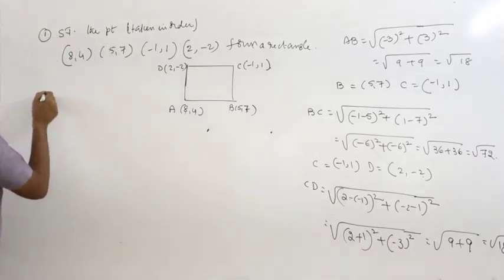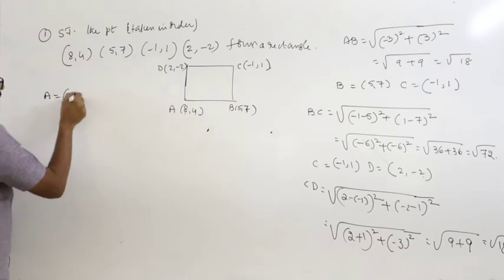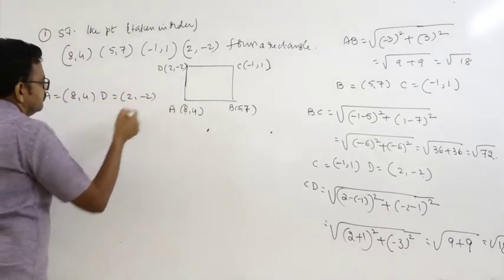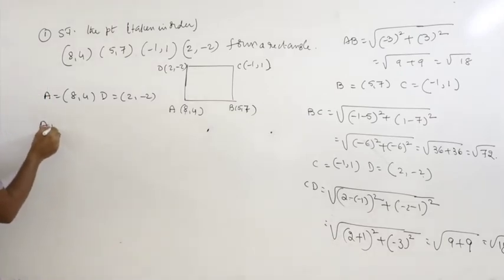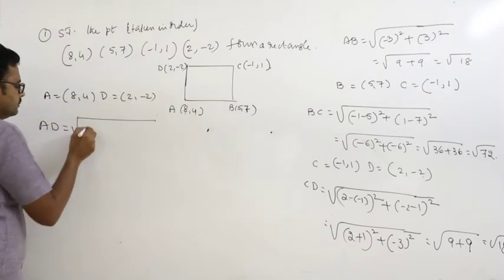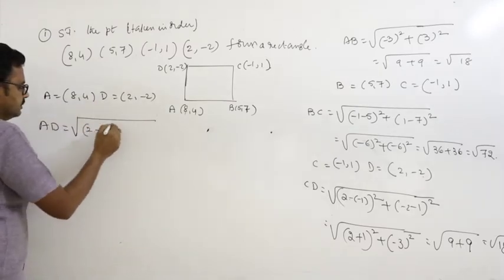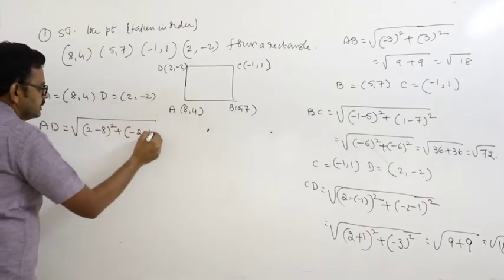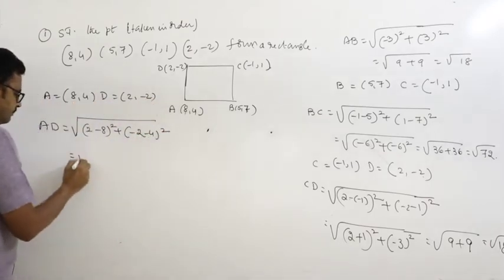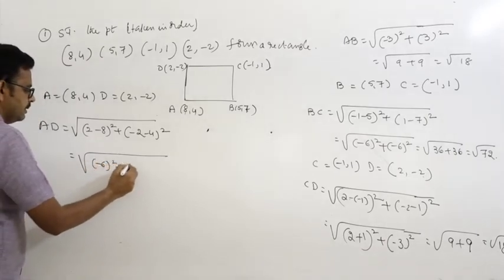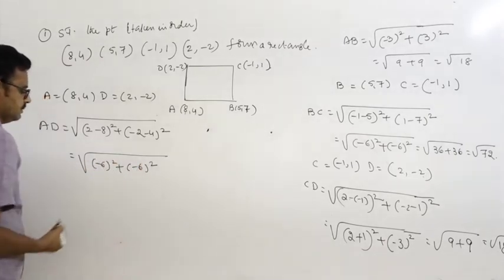Next, A (8, 4), D (2, −2). AD is equal to root of (x2 − x1) whole square plus (y2 − y1) whole square, square root of (−6) whole square plus (−6) whole square.